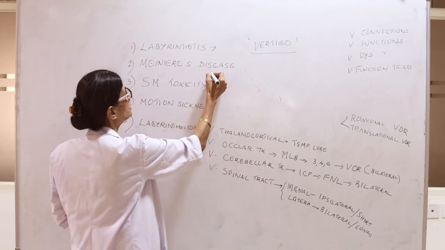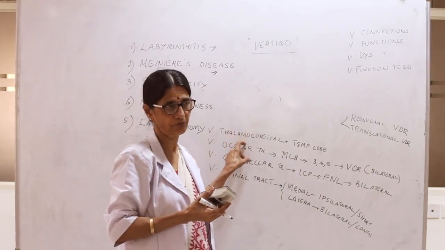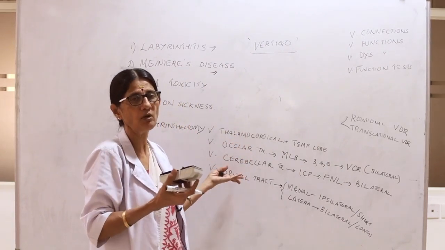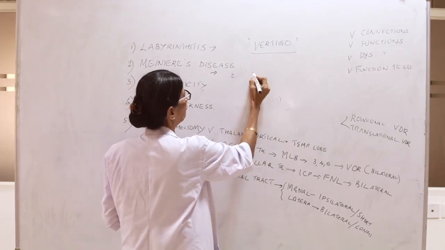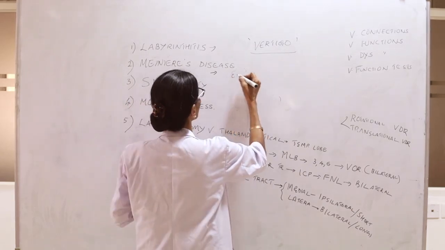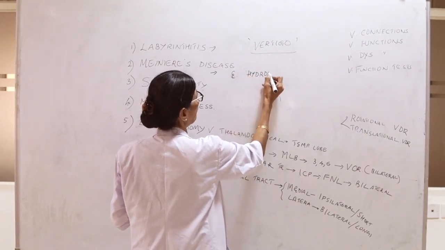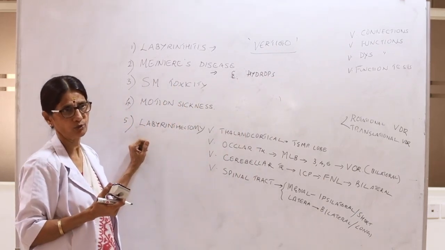Coming to Meniere's disease, this is due to some abnormality in the endolymph. The secretion is affected, there is a greater amount of endolymph, and the condition results in what is called endolymphatic hydrops. So there is an excess of this fluid, especially in the endolymphatic sac also.